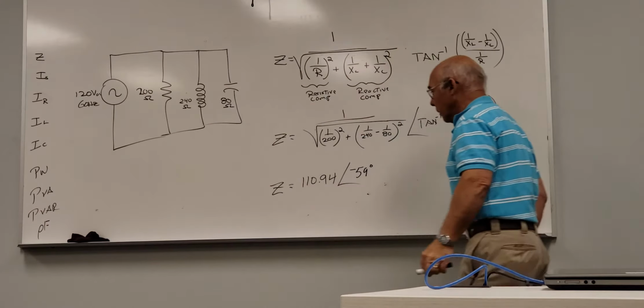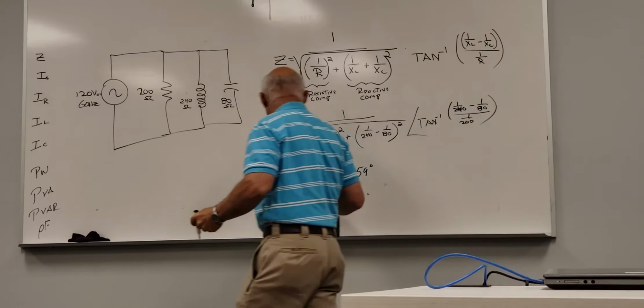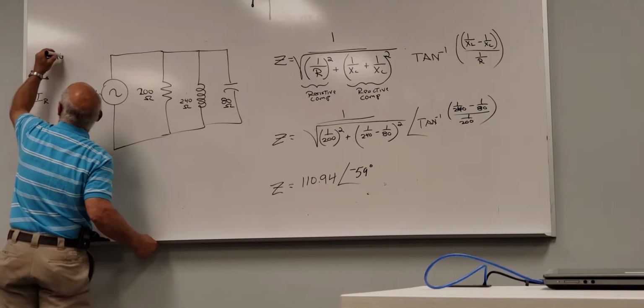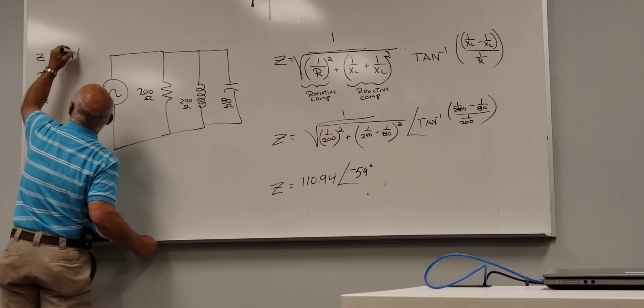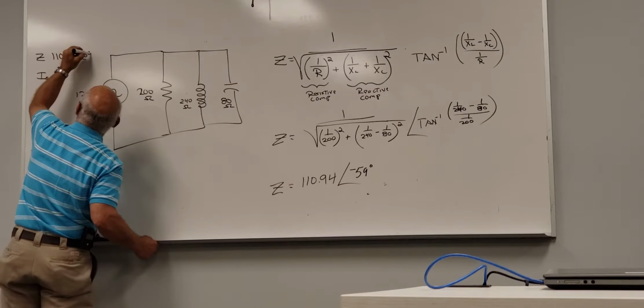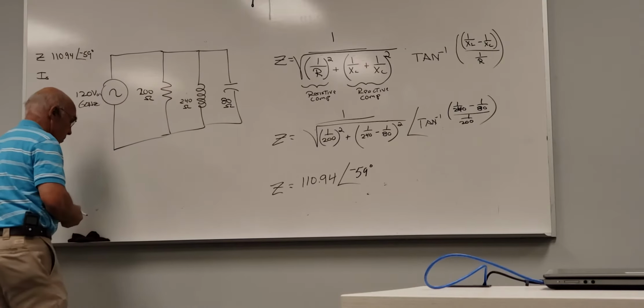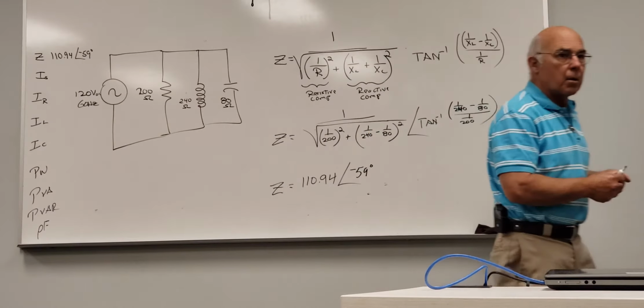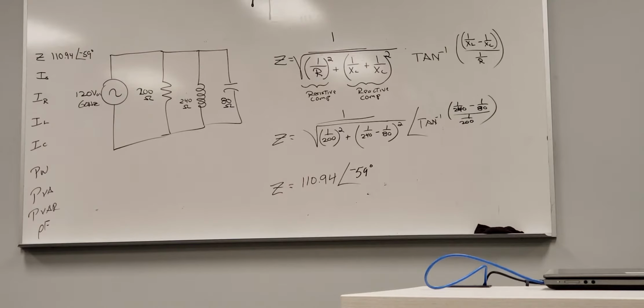Alright, so let's go ahead and write this down. It's 110.94. How did you get 110? 59 degree angle. What you get? Let me try this again, hold on. I got 102.899.